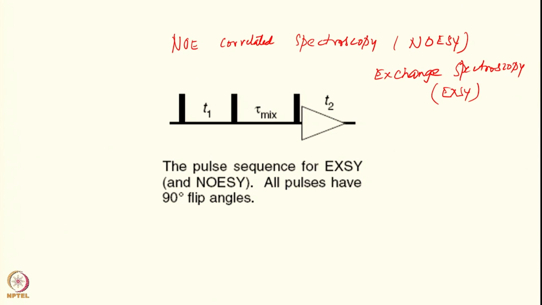By and large, it is the NOESY which is used for structural purposes, for large molecules or even small molecules, for identification, and exchange spectroscopy is limited to those situations where there is actually chemical exchange. Chemical exchange between two conformations happens, and you will see peaks occurring because of the exchange process.